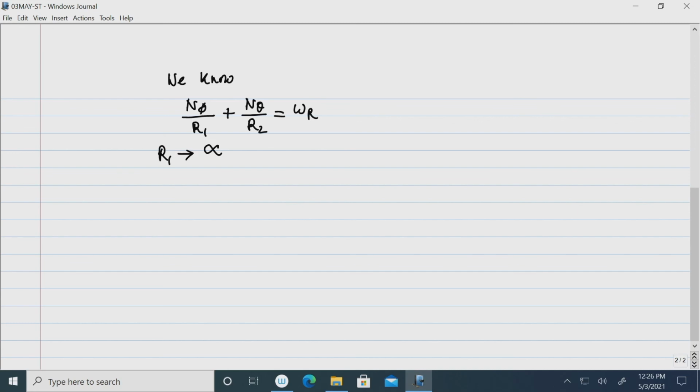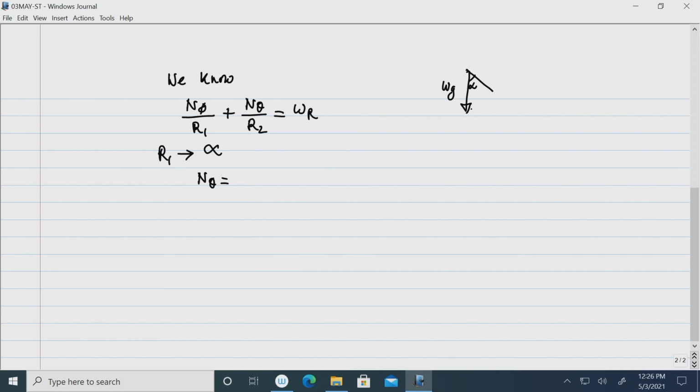So, therefore, we directly get n theta is equal to, and w r, if I see the component of the load, this is the total vertical load, say w g, and this is your angle alpha.